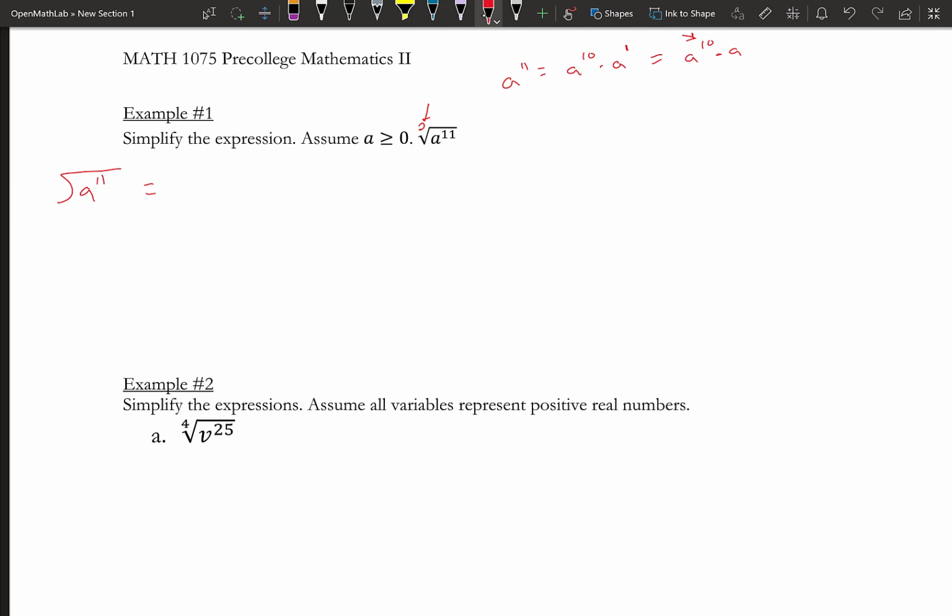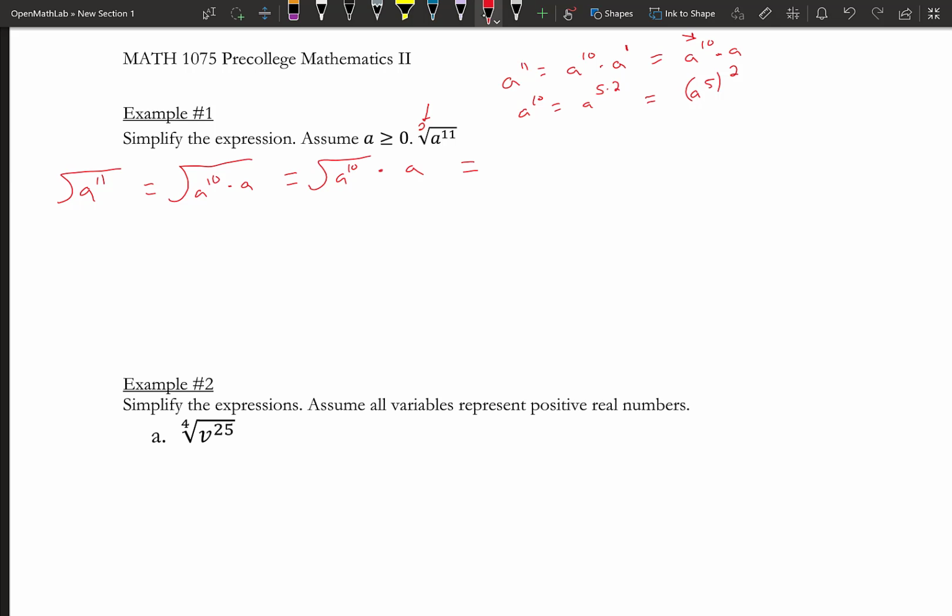Using these radical multiplication properties, the square root of a to the 11th would be equal to the square root of a to the 10th times a. So I just substituted that in for a to the 11th, and then I can apply the multiplication property of radicals that we just looked at. I could rewrite a to the 10th as a to the 5 times 2, which is the same thing as a to the 5th quantity squared.